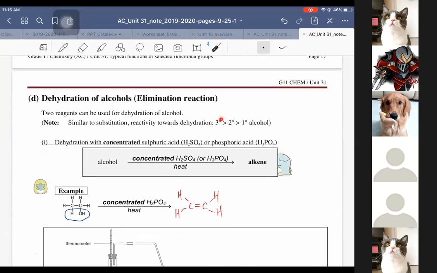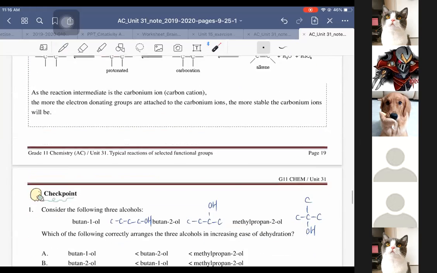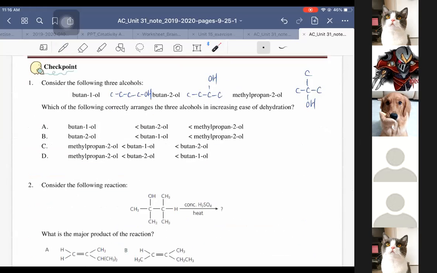So the reactivity would be favored from tertiary, and the least favored would be the primary alcohol. So here we just need to arrange these three from primary to tertiary.